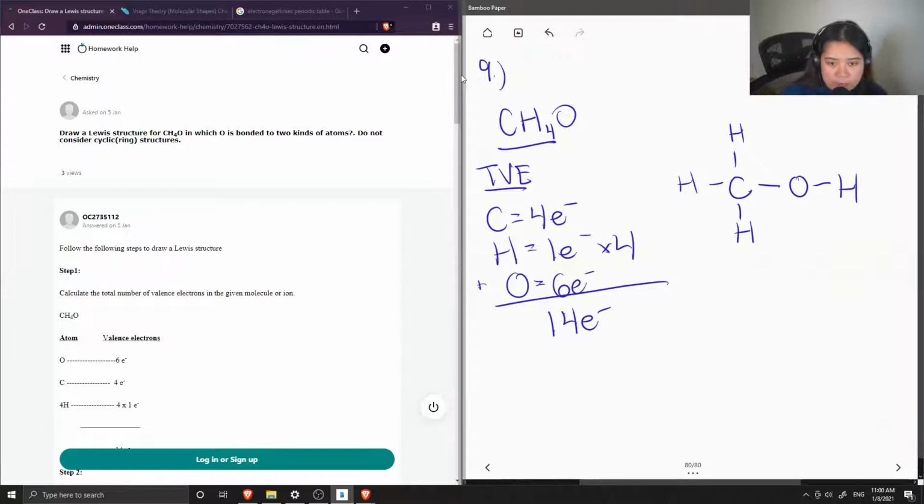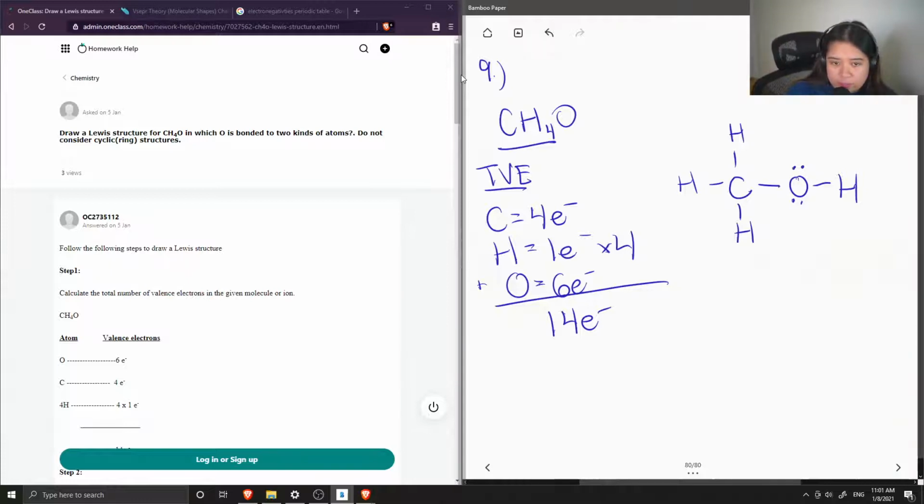So if we count out how many electrons I've drawn so far, each bond contains 2 bonding electrons, and we have 5 bonds in total, so I only have 10 bonding electrons out of the 14 that I need for the entire molecule. So for the last 2 electrons, I can put them as lone pairs on my oxygen, since both carbon and hydrogen are satisfied already.